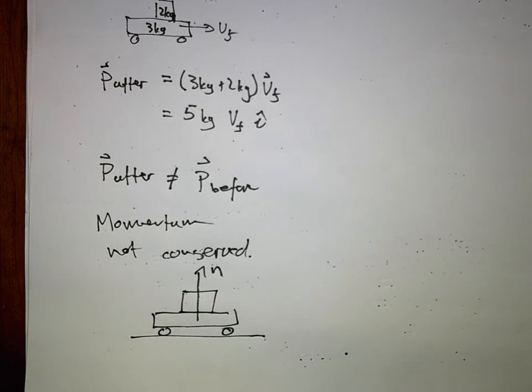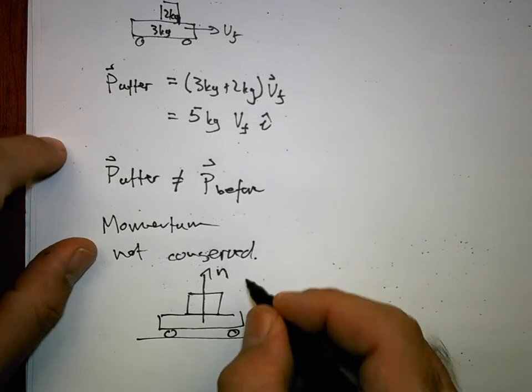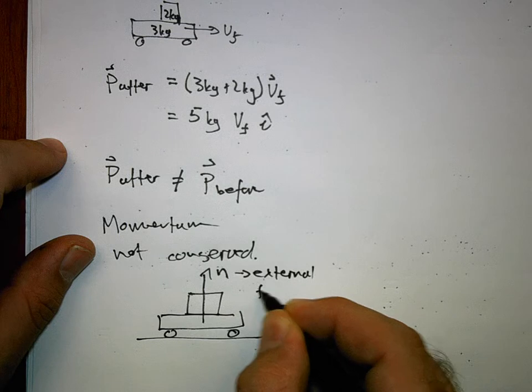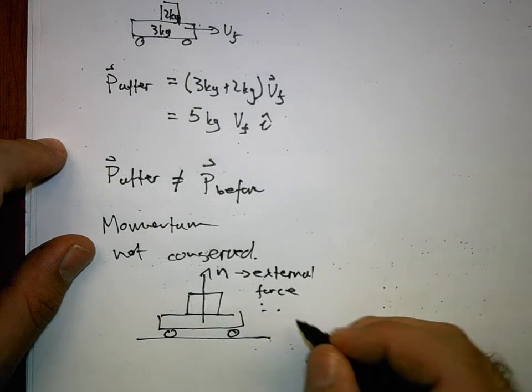And that force does two things. First of all, it immediately stops this mass dead in its tracks, so it affects the motion of the system, and it comes from an external agent, in this case the surface. Remember, the surface was not part of our system. So this normal force is an external force, therefore momentum not conserved.